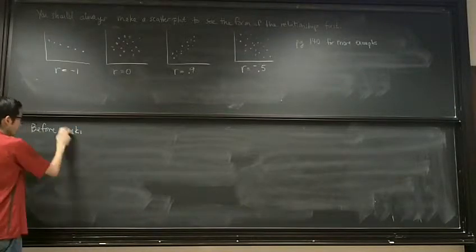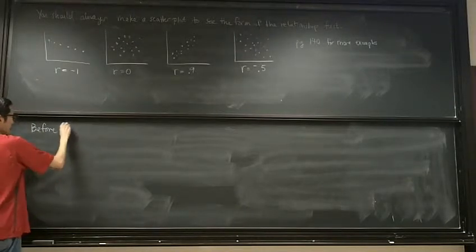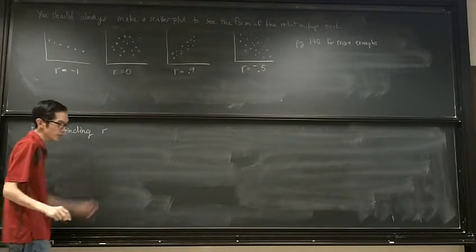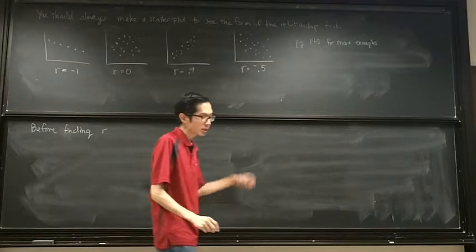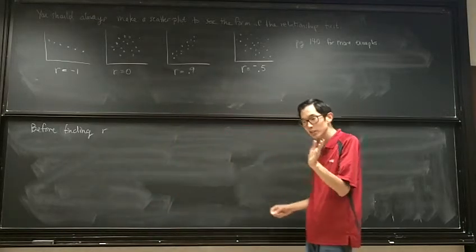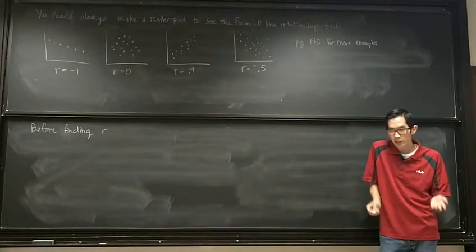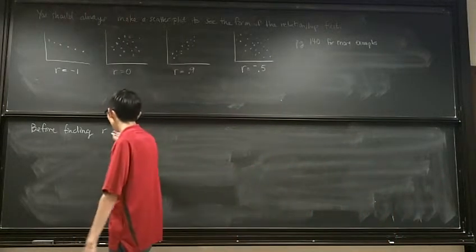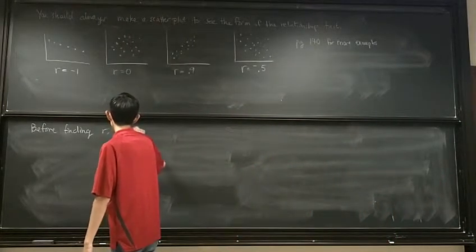I'm sorry, before finding R, because you can always find R, all right? You can always take two numeric variables and find R, but based on what you see, you might think it means something that it doesn't. Okay, so before finding R, always make a scatter plot.